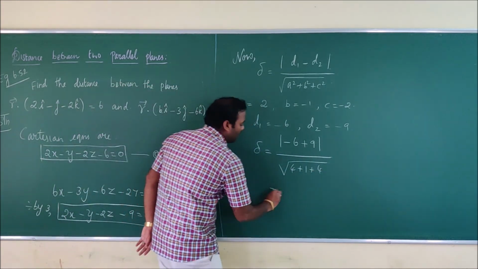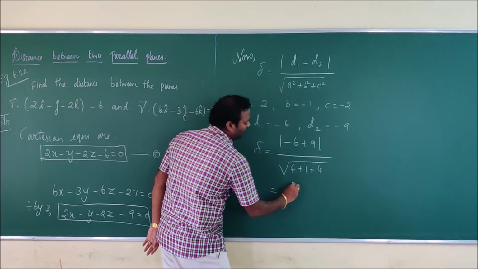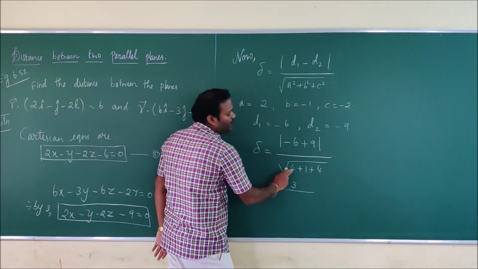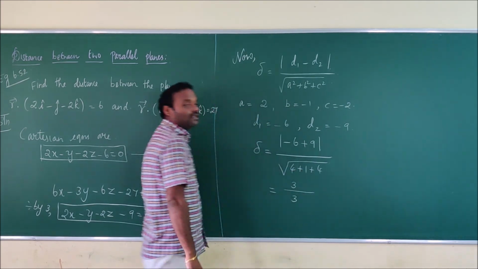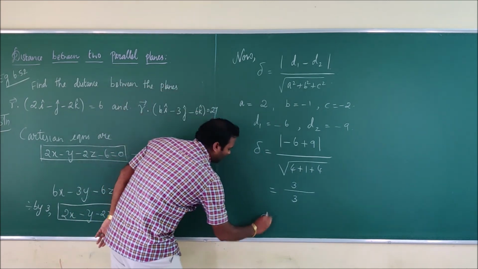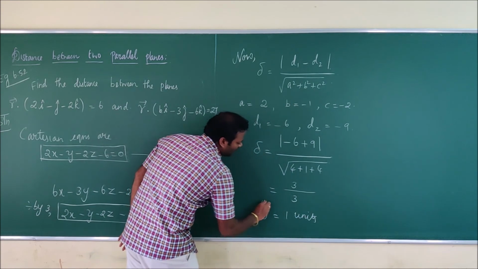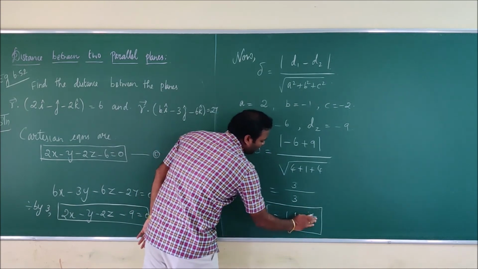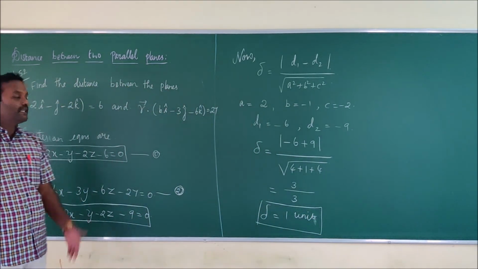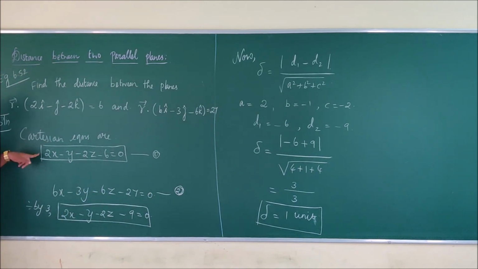So 9 minus 6 is 3, divided by root of 9, which is also 3. 3 by 3 gets cancelled. So the distance between the parallel planes is 1 unit. One may do the problem by multiplying by 3 also. The answer will not change.